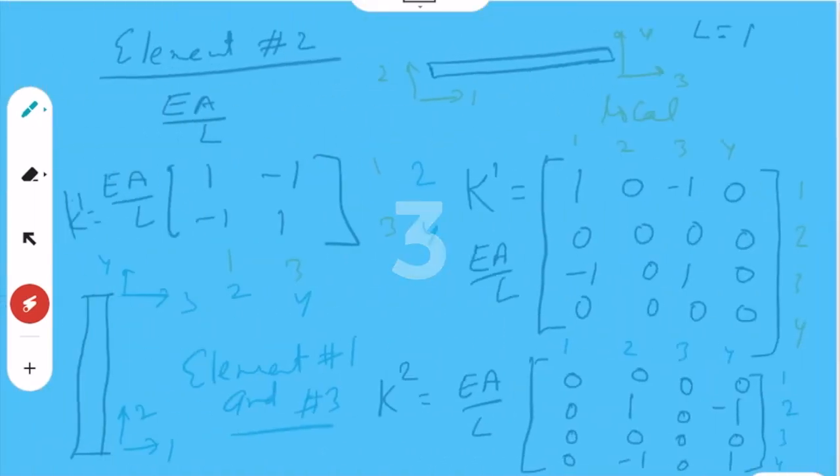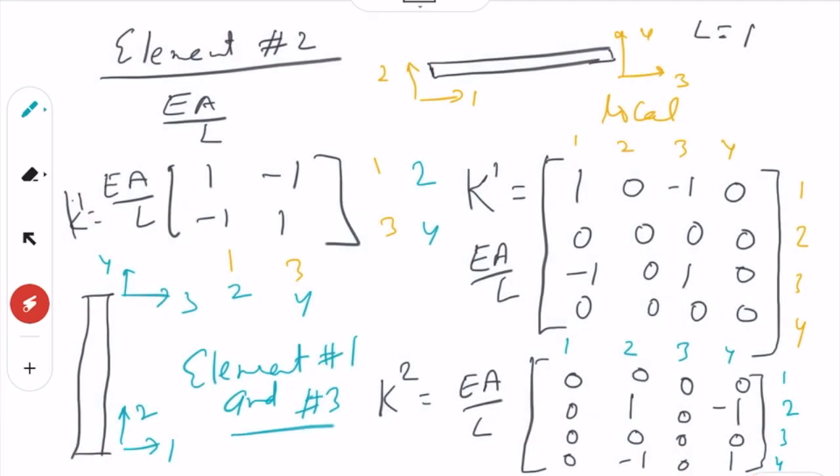So let me write here K2. Just a correction, this is for element 2.